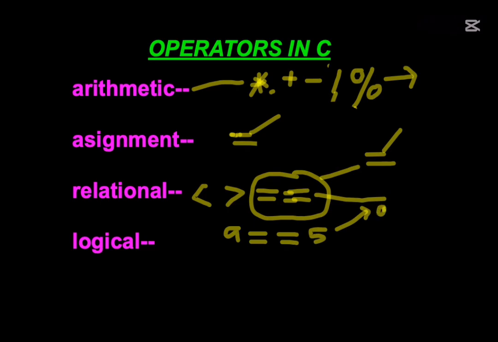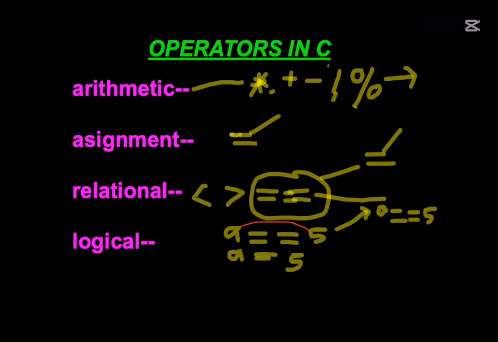So A is equal to 5. So it's actually different. It's different from me saying A like this, 5. It's not the same. This means A is equal to 5.